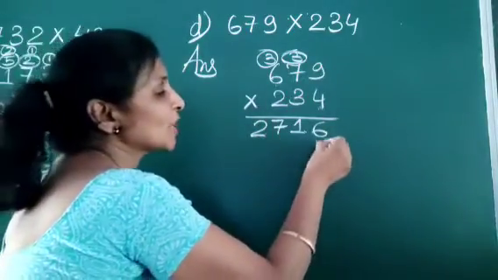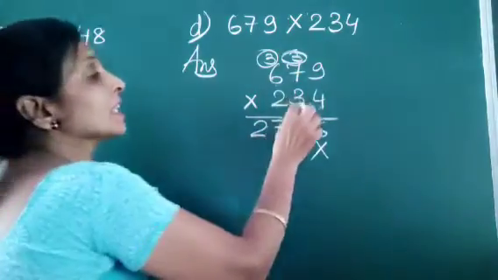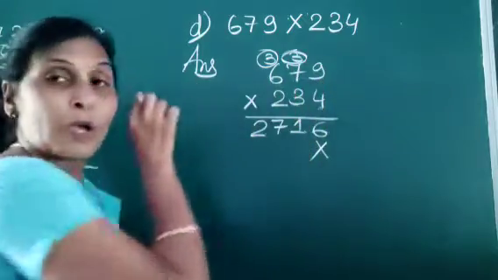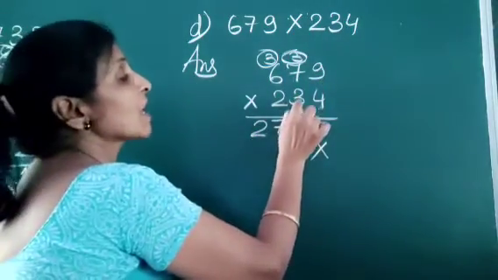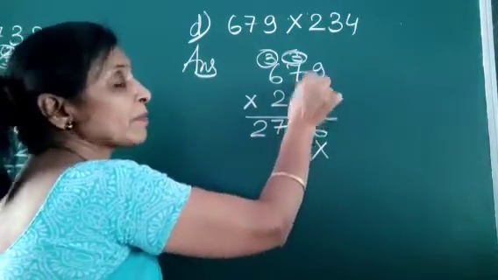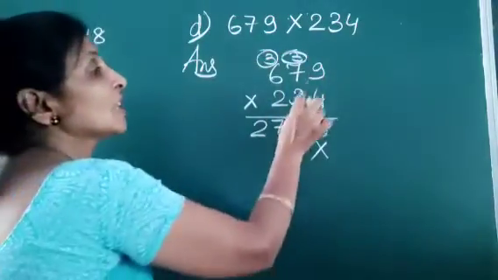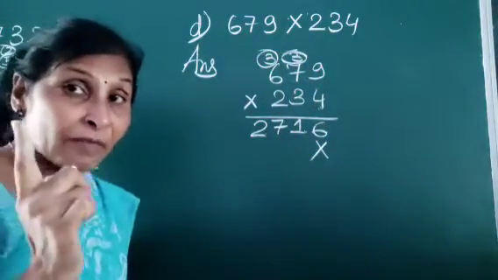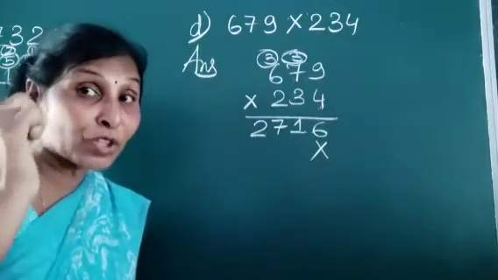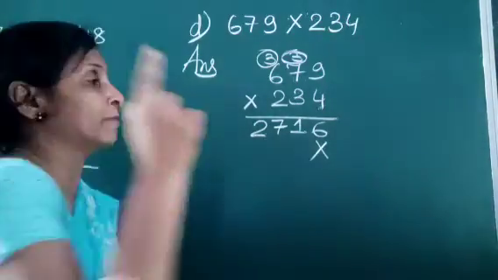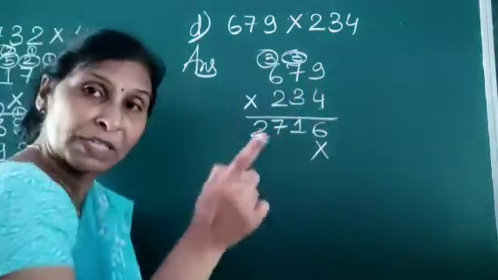Now we put the cross sign here. The second number is multiplied by all these digits. So this digit 3 is multiplied by 9. Again we tell the table of 3. How many times? 9 times. Then 3 9s are 27.